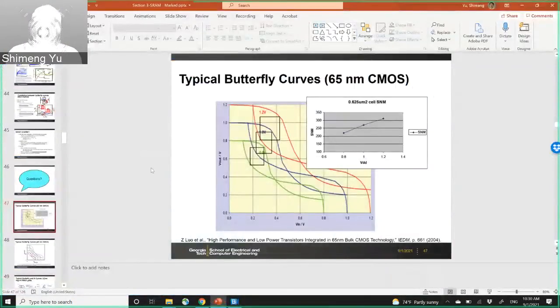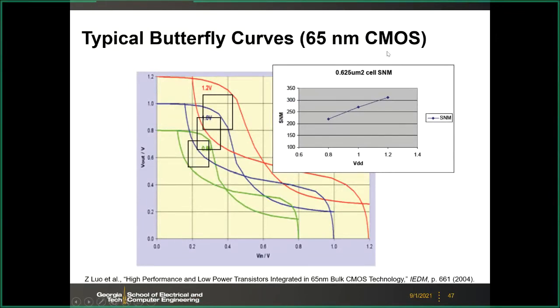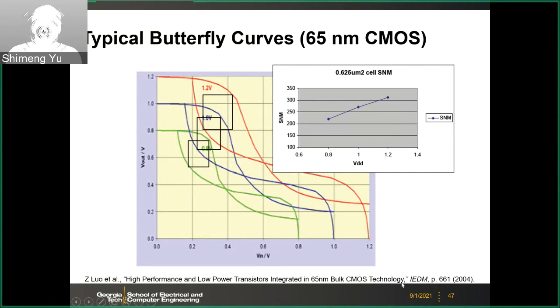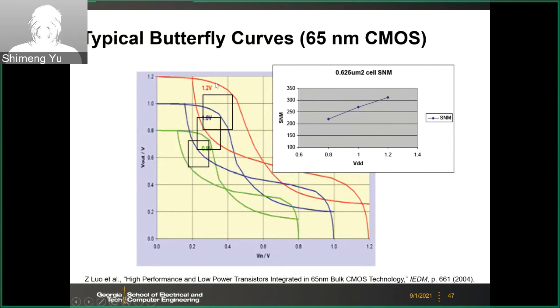Okay, so let's look at some real butterfly curves measured from real chips. This is from 65 nanometer, and this was published in IEDM 2004. So you see this is what we really measured from the SRAM on that wafer. The nominal VDD is about 1.2 volts at that time, and for the butterfly curve, as we discussed earlier, without any specification here, it is always the read condition.